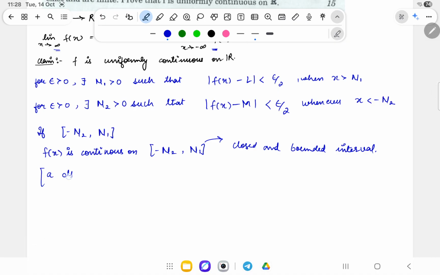A continuous function on a closed and bounded interval is uniformly continuous.